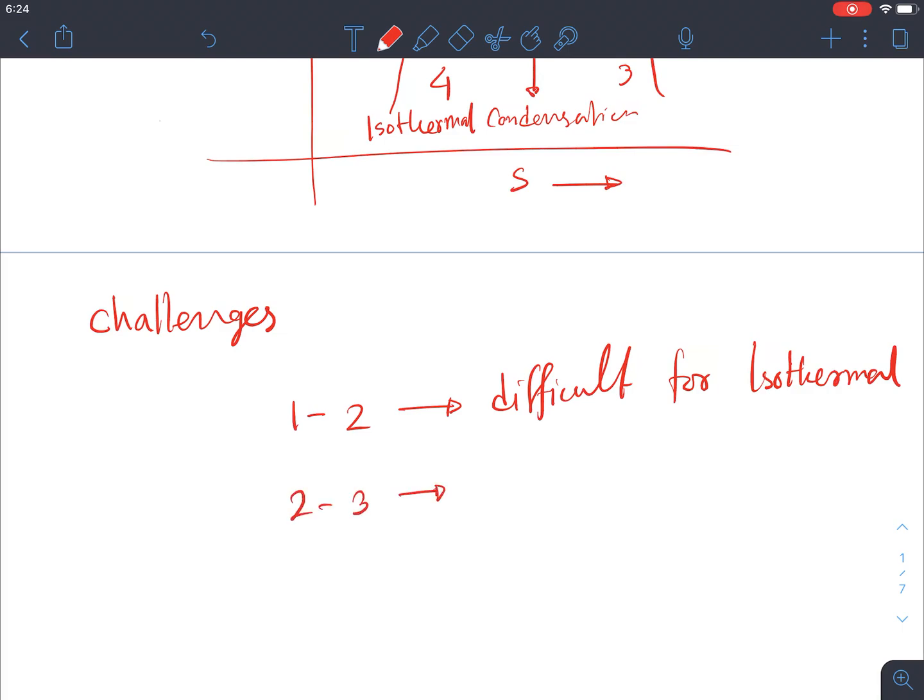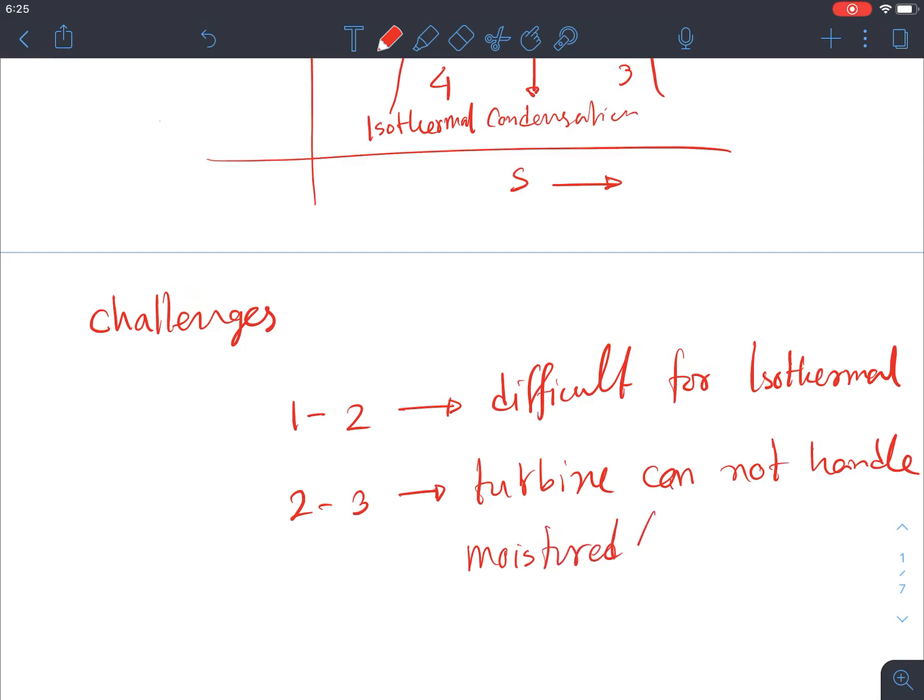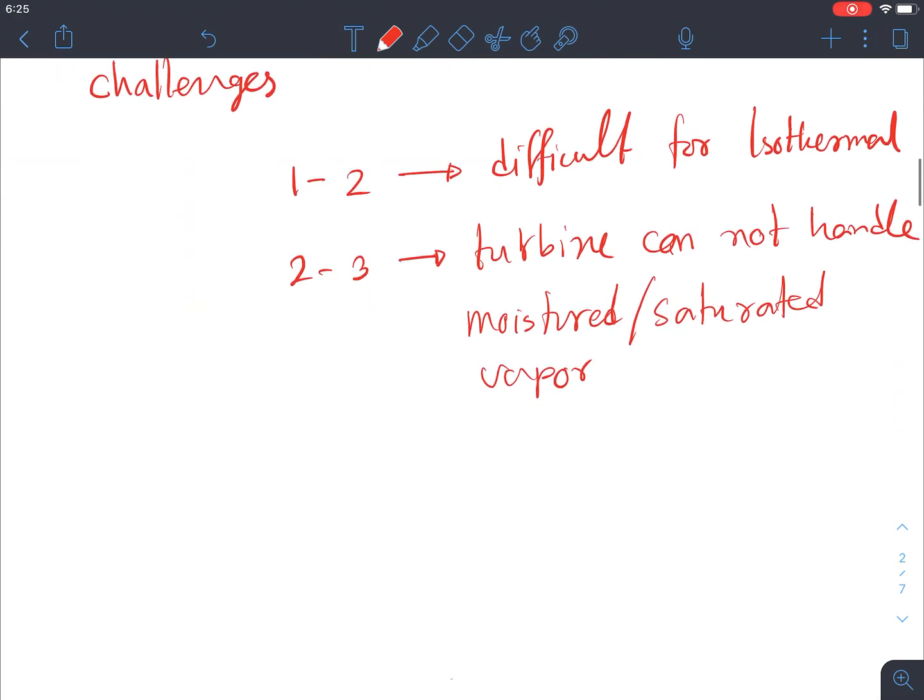And then for the 2 to 3 process, the turbine cannot handle moisture or saturated vapor, because it deteriorates the blade, right?